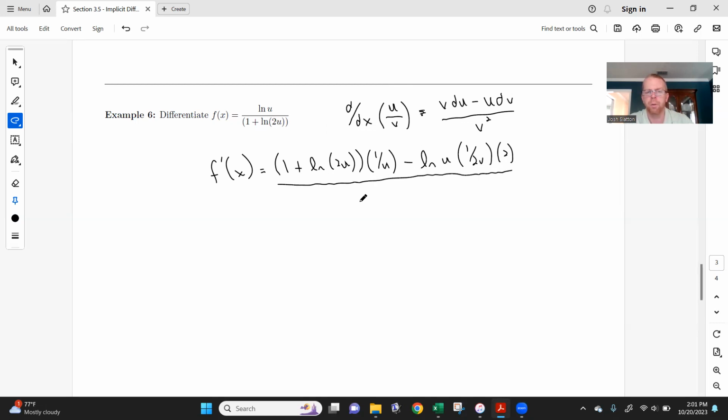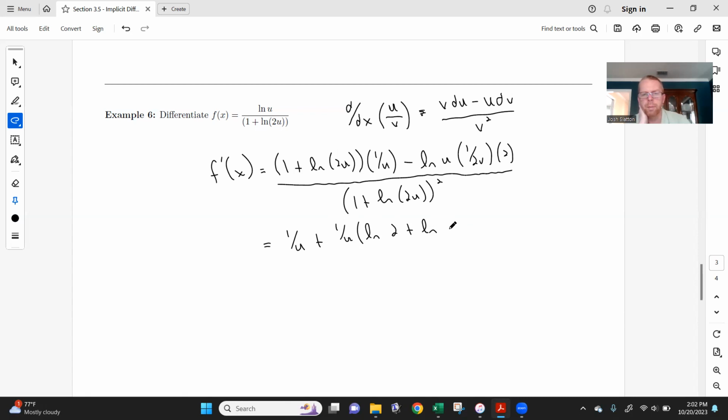And then all this is over 1 plus ln of 2u squared. And so now it's just a matter of simplifying all of this. So let's see, 1 over u plus, now this one, let's go ahead and do 1 over u. We're distributing 1 over u. But now ln of 2u is ln of 2 plus ln of u.